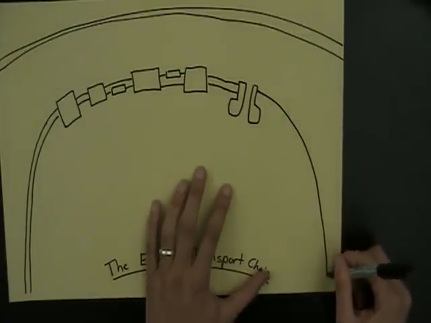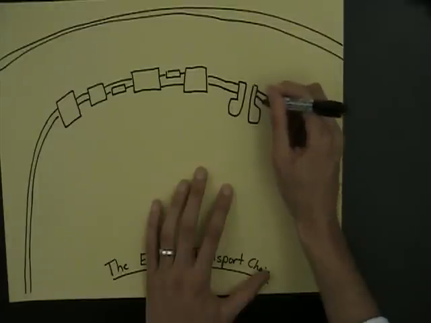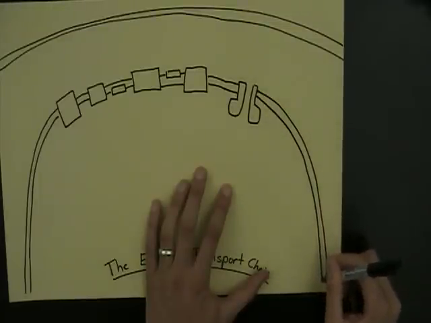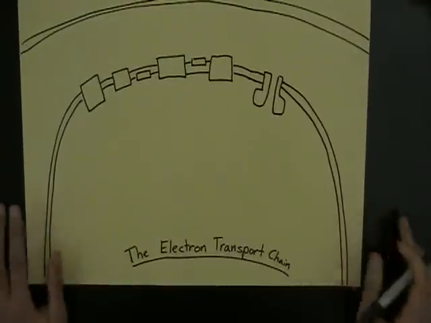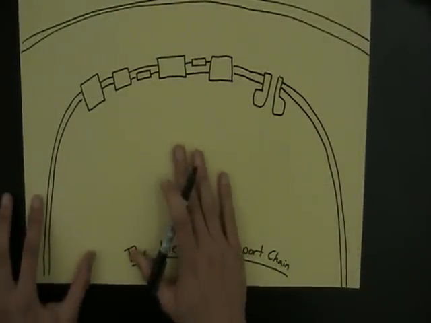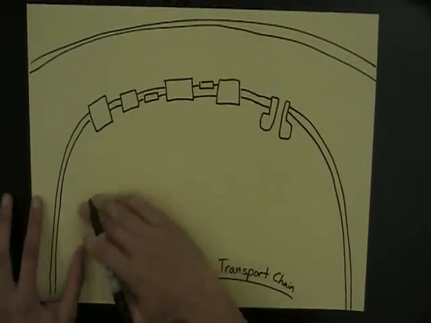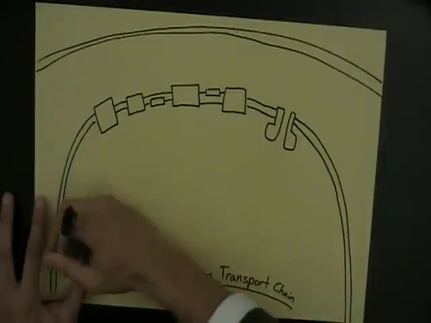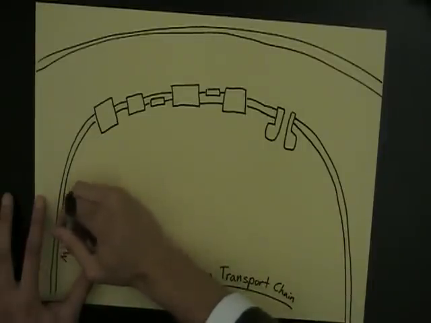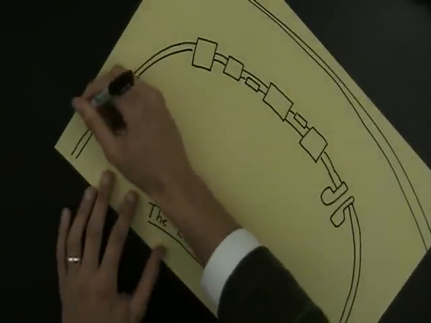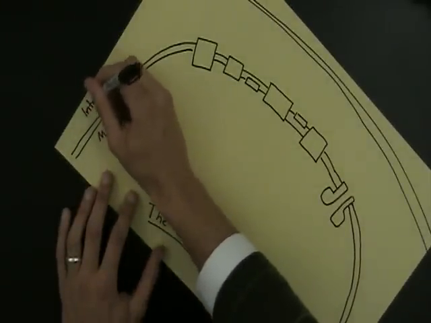It is important to remember that these protein complexes would happen many, many times all around the inner membrane of the mitochondria. So if you watched the last video in this series, you'd know that this is the matrix of the mitochondria. These are the cristae, and this is the intermembrane space. So let's label those. We have matrix, and then this is the intermembrane space.